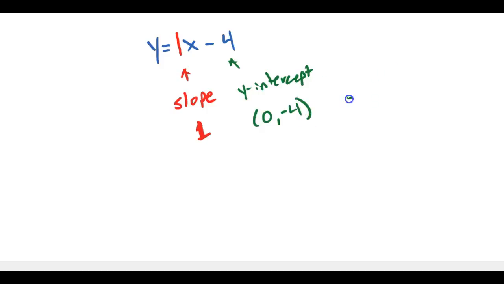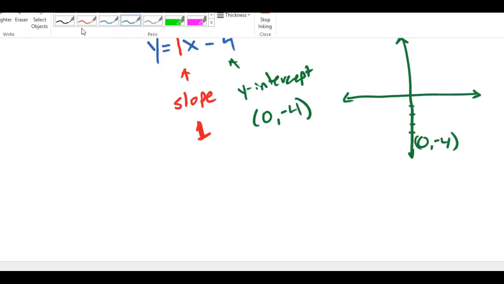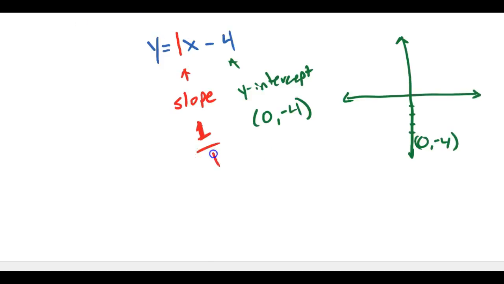So that means if I graphed this, here is, let's say, 1, 2, 3, 4. Here's where (0, -4) is. And then my slope tells me that the line, because I can write this as 1/1, that this is my rise and this is my run.